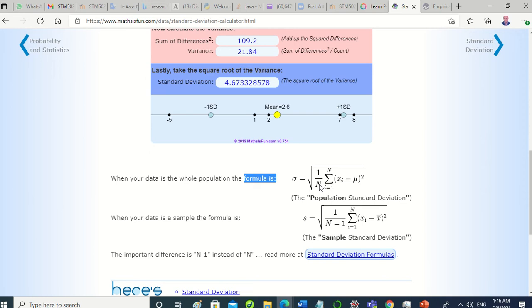We calculate the summation for every term until the term n, and all divided by n, or times 1 divided by n, and of all we calculate its root mean square. This is the standard deviation.